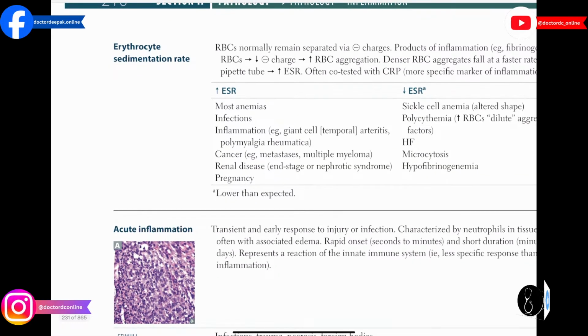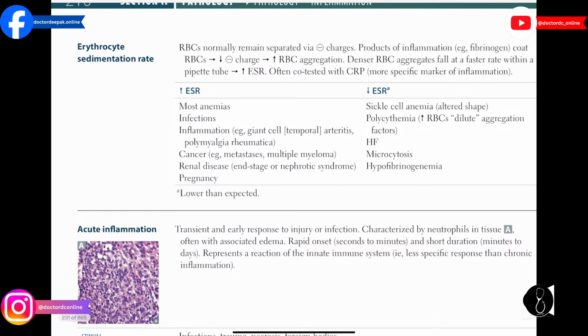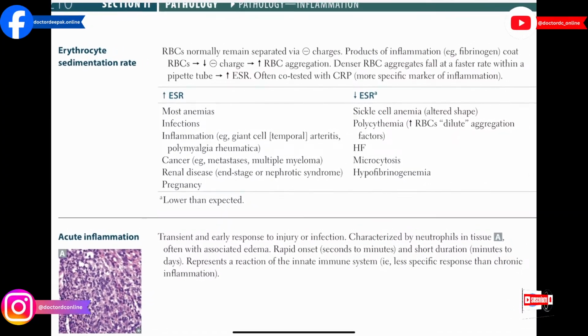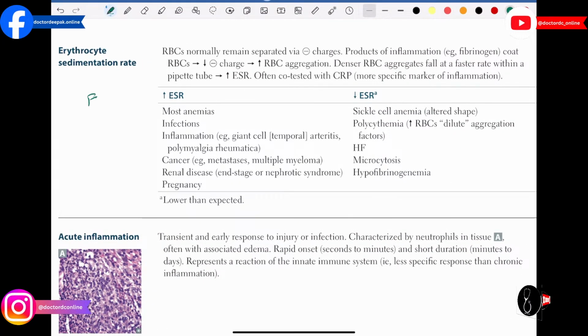So again on the next page we have the first topic, that is the erythrocyte sedimentation rate. Basically it is also called ESR. You guys can get a question in the exam of why the ESR is increased during inflammation. So you have to remember the basic concept. Normally the RBCs are not going to stick with each other.